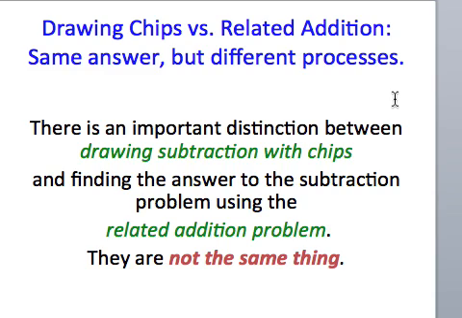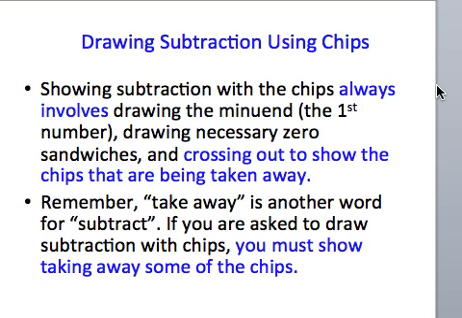So there's a difference between drawing the chips and doing the related addition. You get the same answer, but they're different processes and they show different things. Drawing the subtraction with chips and doing the related addition problem are not the same thing. When you show subtraction using the chips, you always draw the minuend, the first number in the subtraction problem.